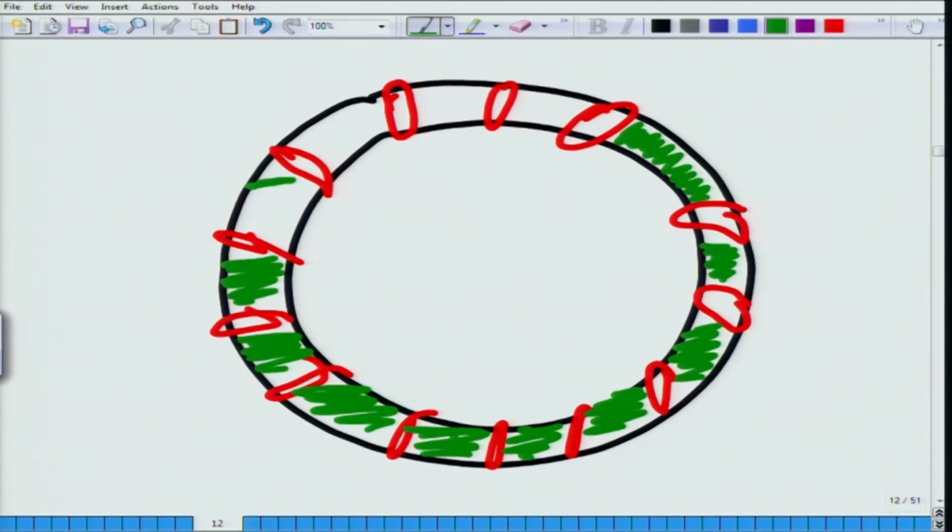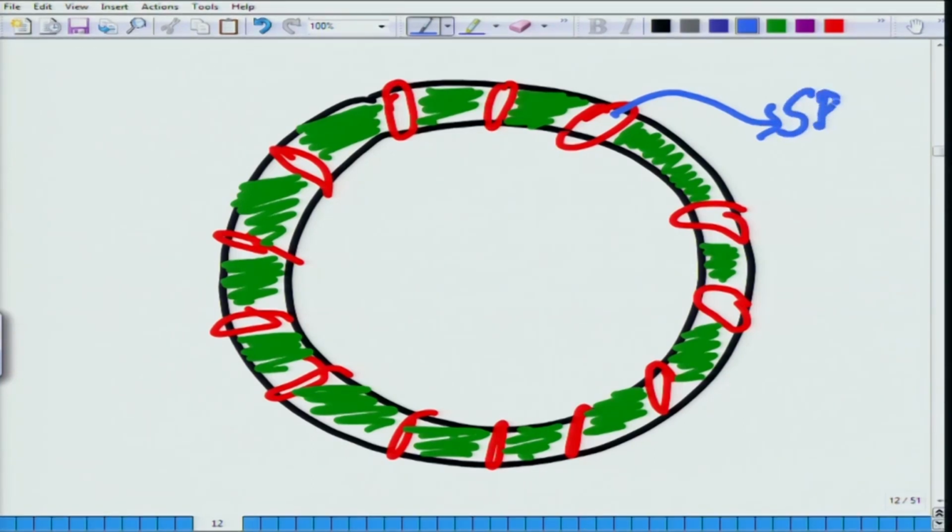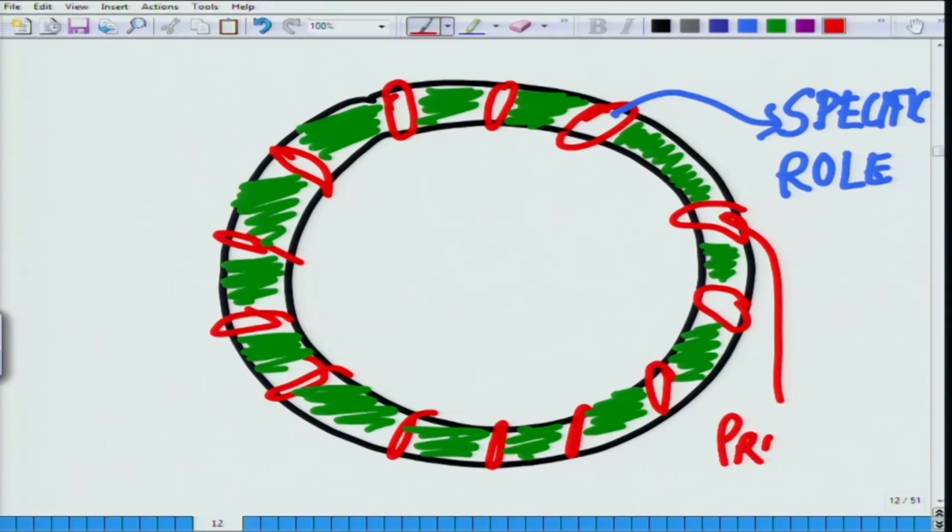These specific proteins in red have very specific functions. They could be channels, ports, or pumps, but they have a specific role to play.